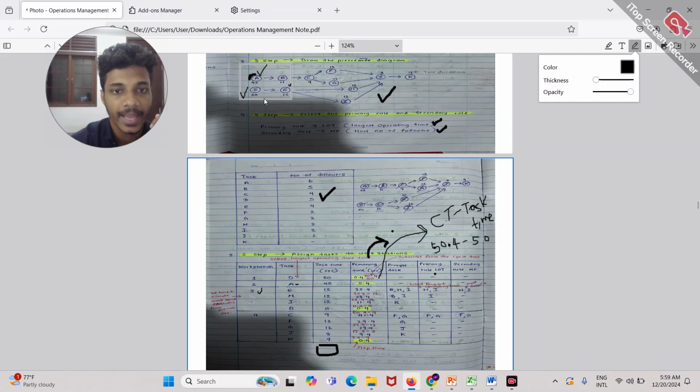A and D, yeah. Now you have to do E and B. You have to focus on E and B, right?